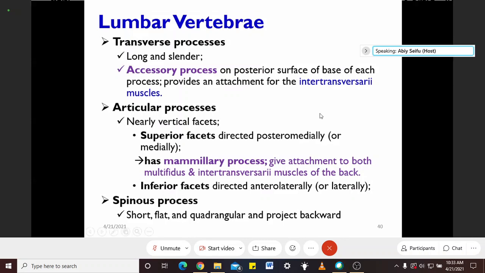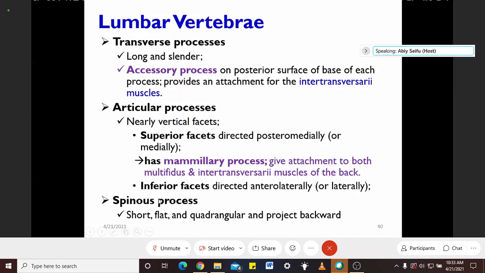This allows flexion and extension, as well as lateral flexion. And still here there is a mammillary process on the base of the superior facet. This mammillary process is also used for the attachment of deep back muscles.